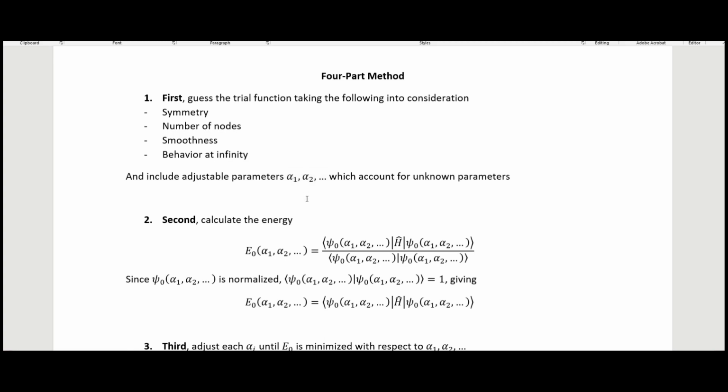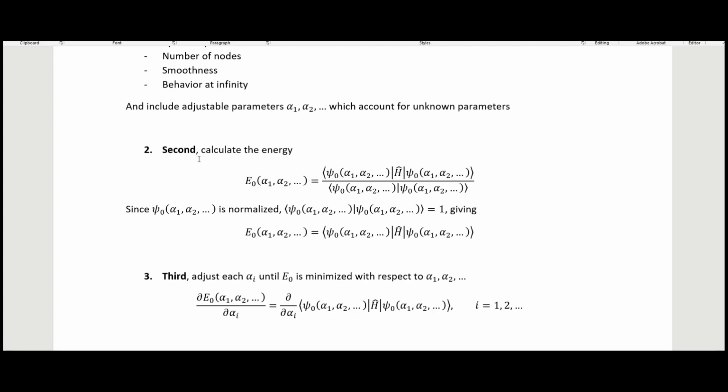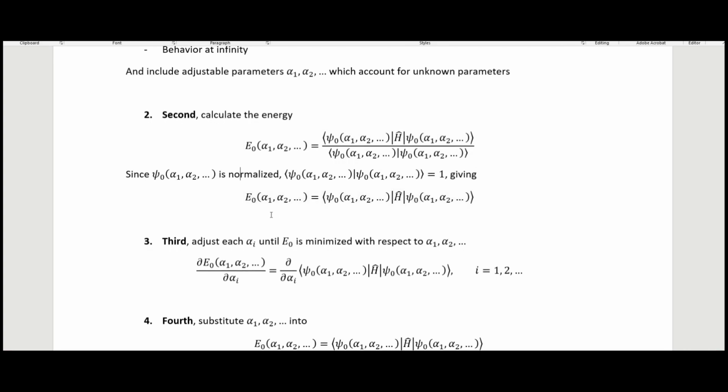Then the second part, we want to calculate the energy for it, and so we have the energy as a function of these adjustable parameters equal to the expectation value of our Hamiltonian. Since we said that this was normalized, the denominator is going to be equal to 1. And so the energy will be equal to the expectation value of our Hamiltonian.